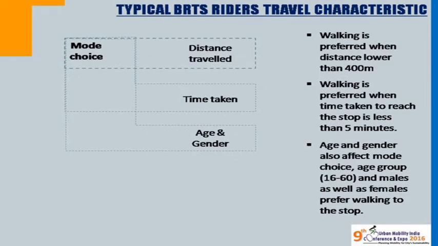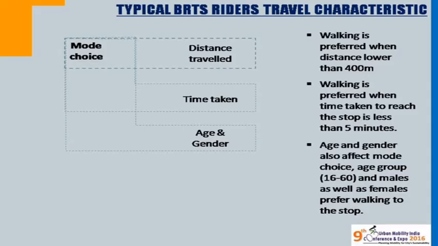When we saw the mode choice, a strong correlation exists between the mode choice and the distance traveled by the people. People preferred walking below a 400-meter radius distance. A small correlation was seen between the time taken and the mode choice. Walking was preferred because they would reach the stop in less than 5 minutes.